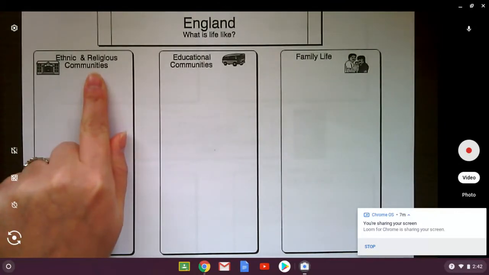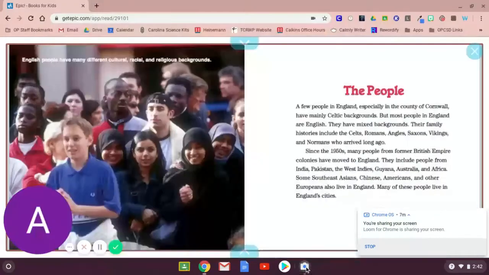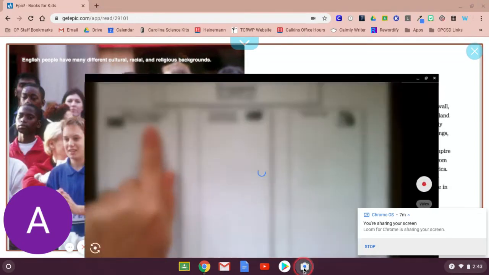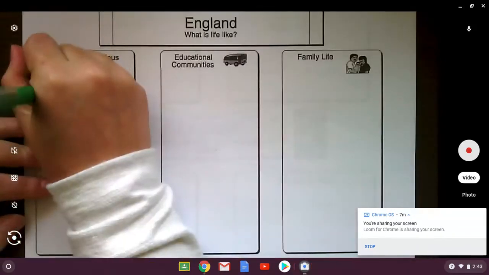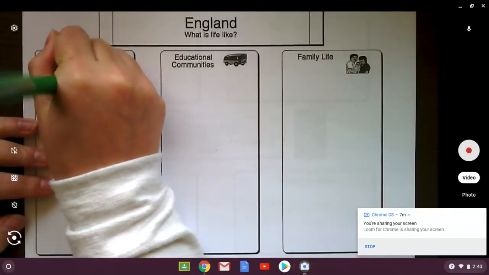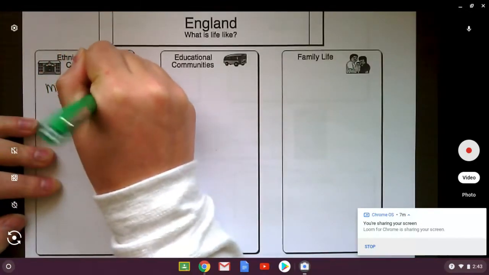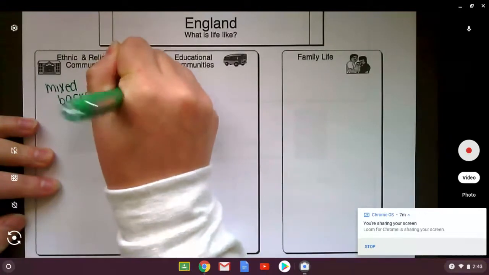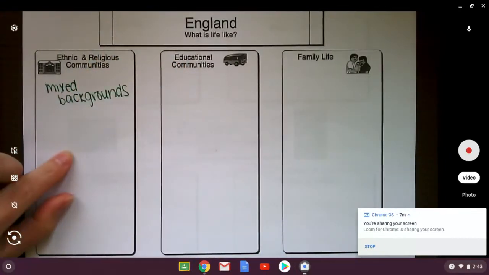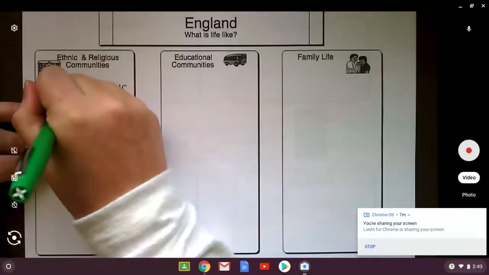I'm going to go back to the text and grab that information again. So mainly Celtic backgrounds. All right, so I'm going to record, overall they have mixed backgrounds. So I'm going to record mixed backgrounds. And I'm just going to note a couple of the different backgrounds that those people came from. All right.